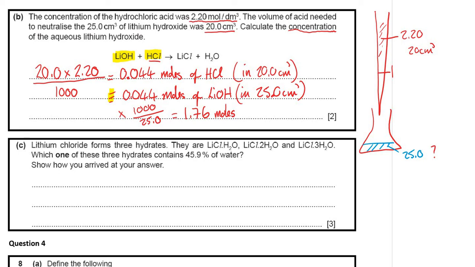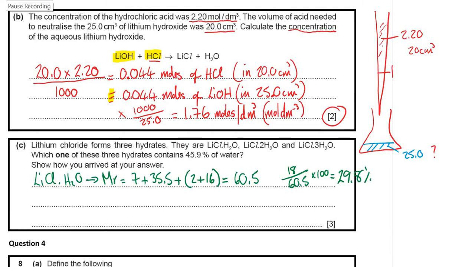So this is moles per dm cubed. Shorthand is mole dm to the -3. So that's both our marks there. So that's the concentration of the lithium hydroxide.